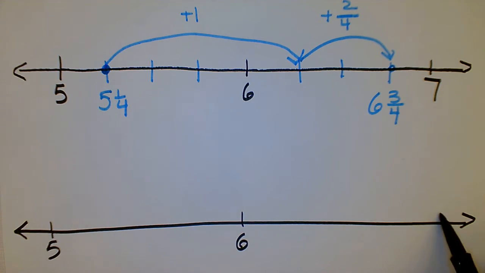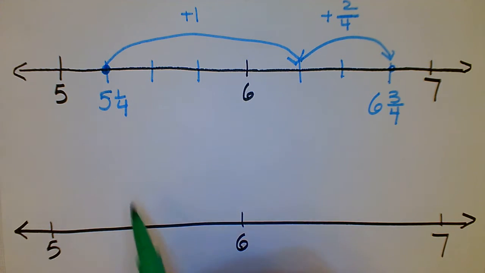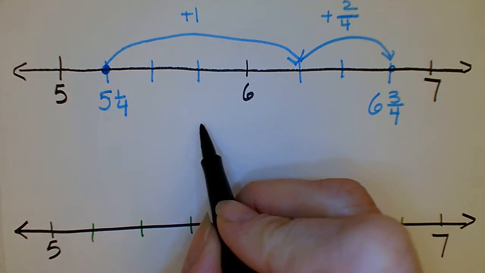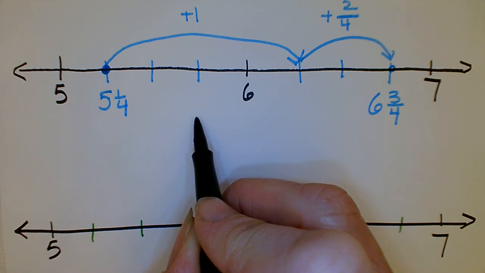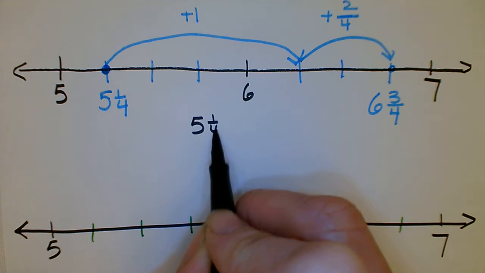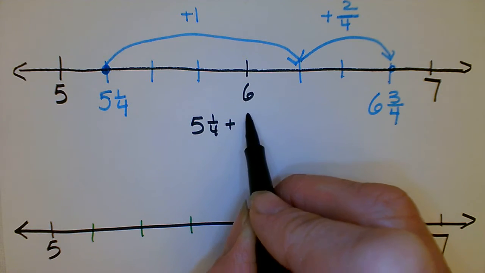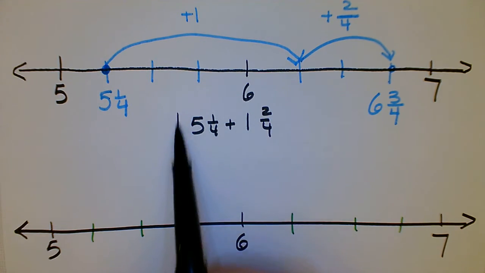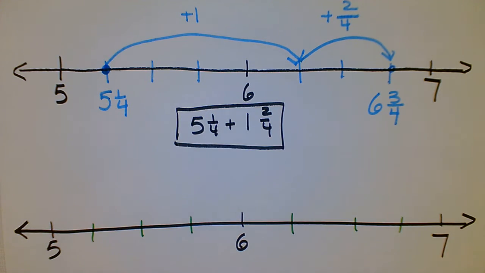I wouldn't actually have done it this way based on what I'm using for this one, but let's go ahead and do this anyway. Okay, so another way to think about this, and I'm going to give us our problem right here really quick. So again, we had 5 and a fourth plus 1 and 2/4 was the original problem. So just so we know what we're working with.